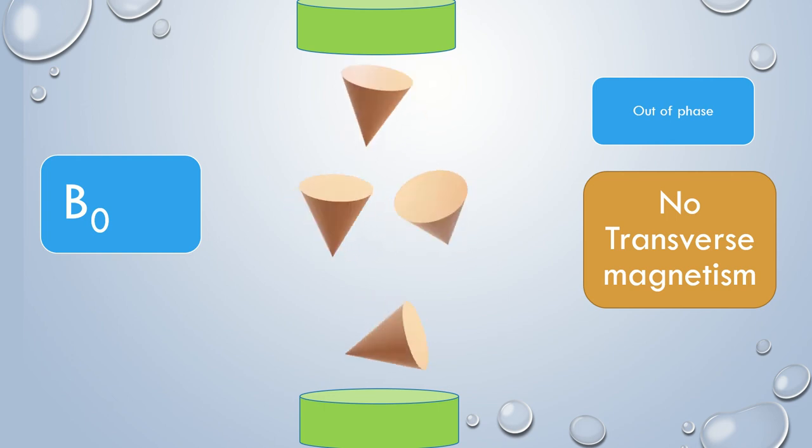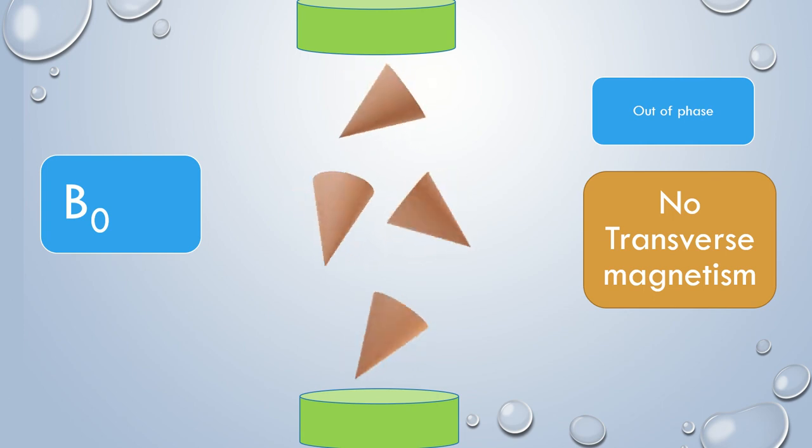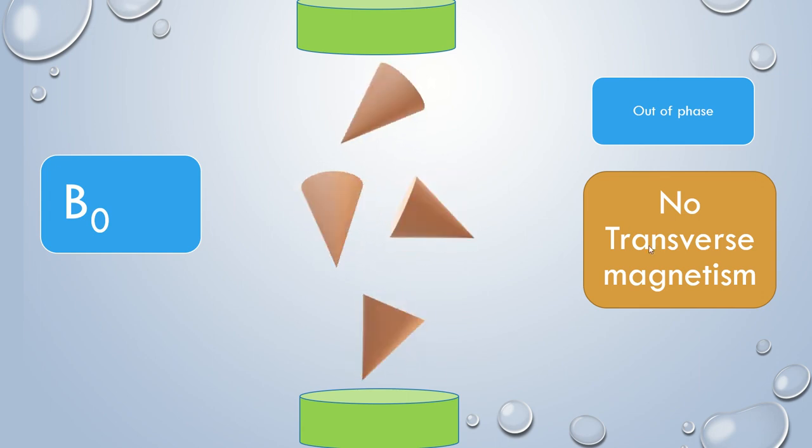Remember, we talked about how when there is precession, there is a potential to develop transverse magnetism, because the NMV, or net magnetic vector, shifts from the z-axis to the xy axis. However, because this precession is out of phase with respect to each other for all these protons, there is no transverse magnetism. That is very important to understand.